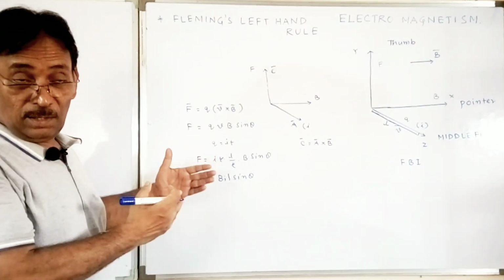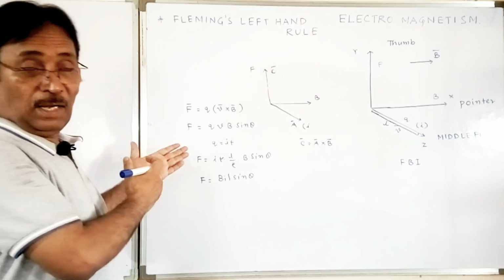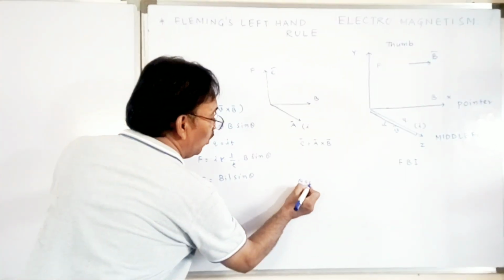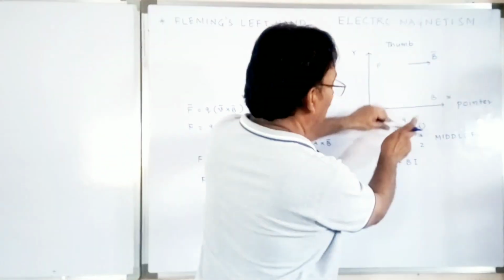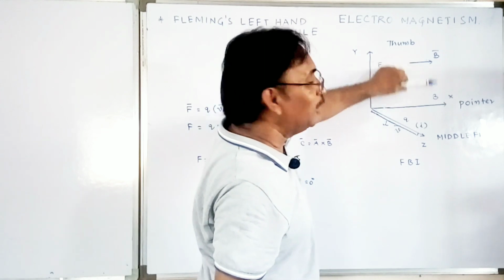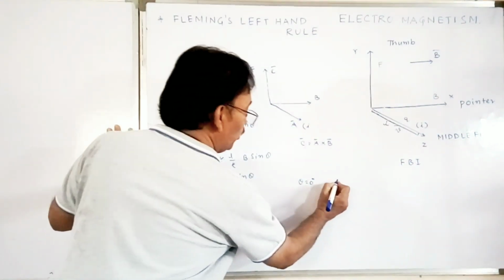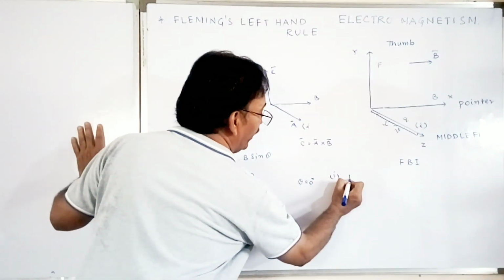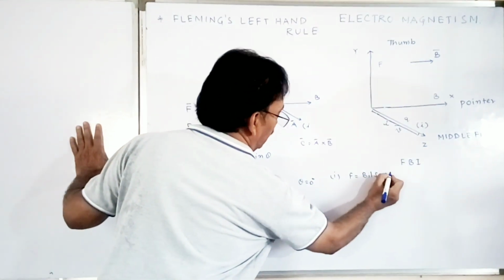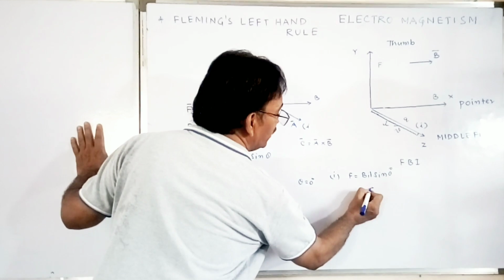Now we will get the values of maximum and minimum forces, as we got earlier. Here, keep theta as 0. It means this conductor is flipped like this, parallel to B. Then theta is equal to 0, and F is equal to BIL sine 0, which is obviously 0.